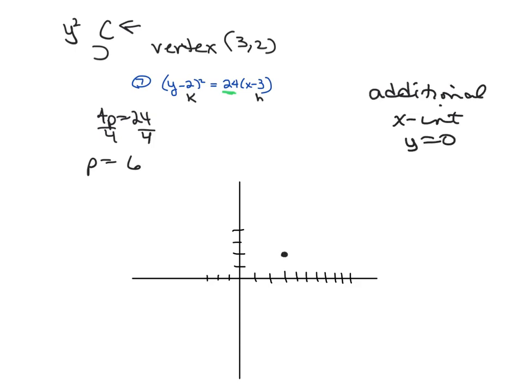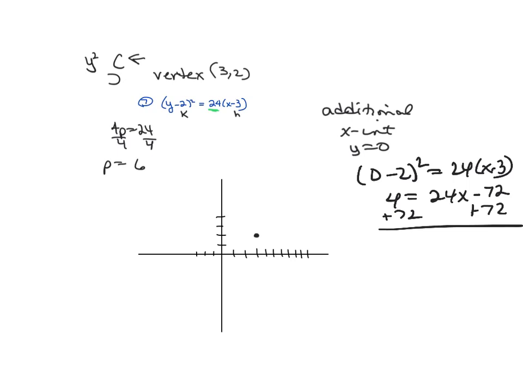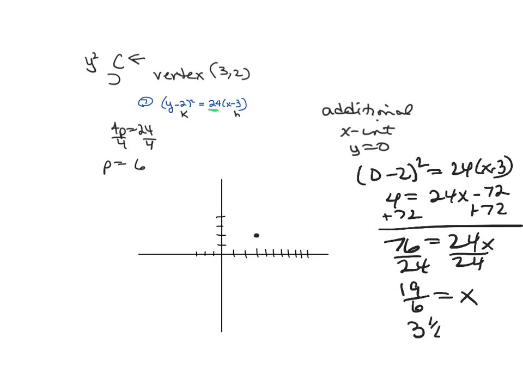To find the intercepts, that's usually an easy thing to do because you're plugging in a 0. So let me take my original equation, square the negative 2, distribute the 24, move the 72, divide by 24, and I end up with 19/6, or 3 1/6.